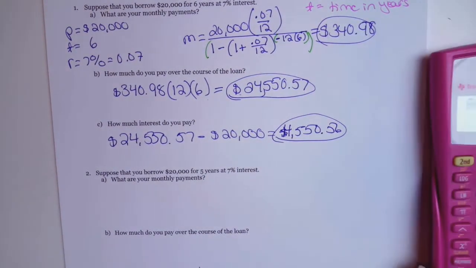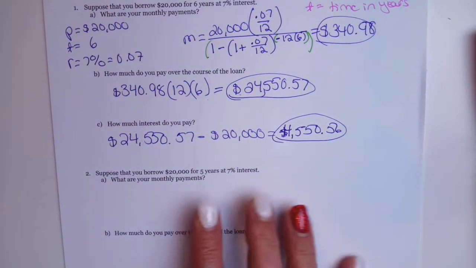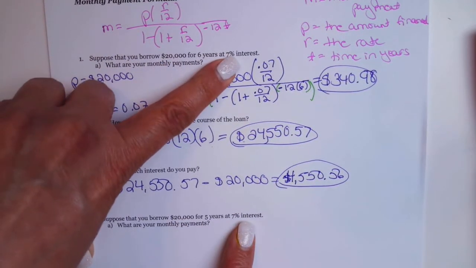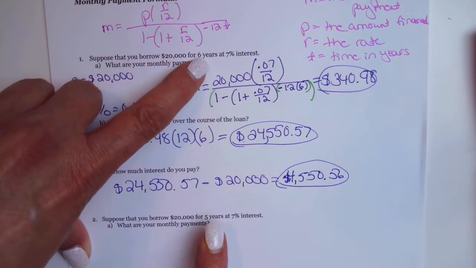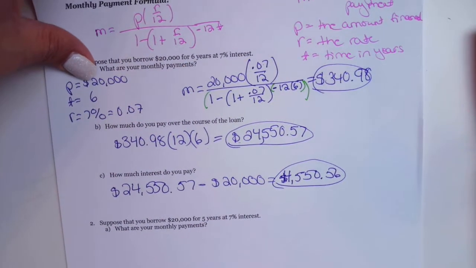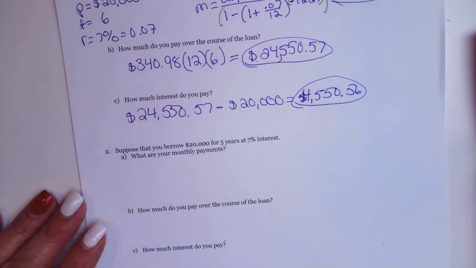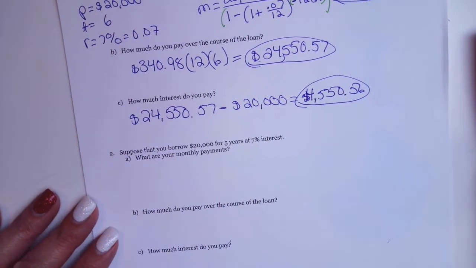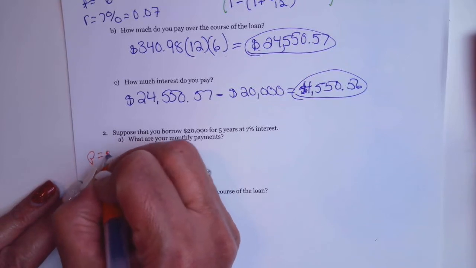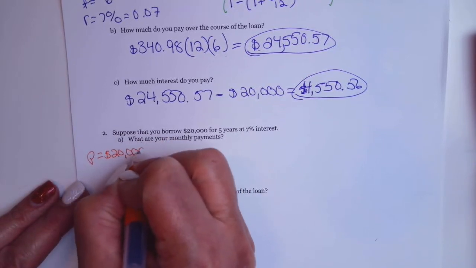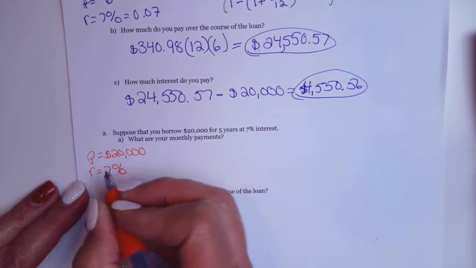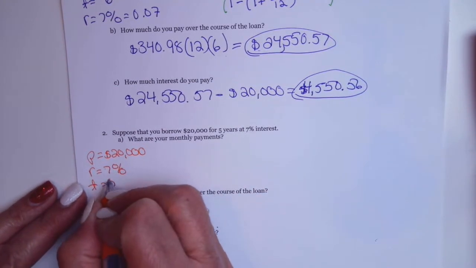Okay, next, number 2. Again, we're borrowing the same $20,000 and the same 7% interest. This time we're doing it only for 5 years instead of the 6 years. So let's see what happens with that one. Our principal is the same, $20,000. Our rate is 7% and our time is 5 years.